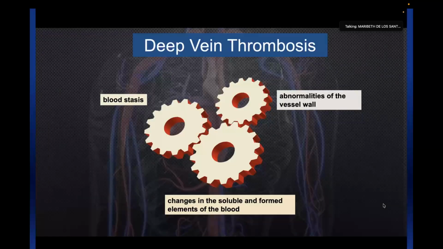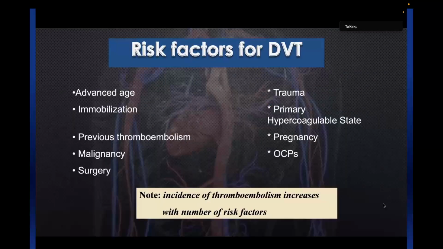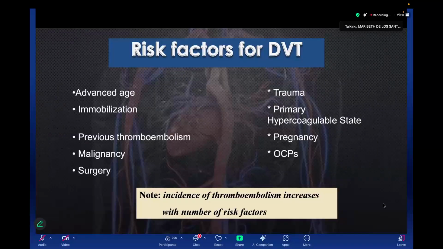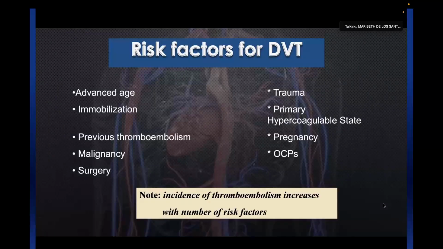No? And this is what we call the Virchow triad. Now, we want to know the risk factors for deep vein thrombosis that contribute to stasis, abnormalities of the blood vessel wall, and changes in the soluble and form elements of the blood.